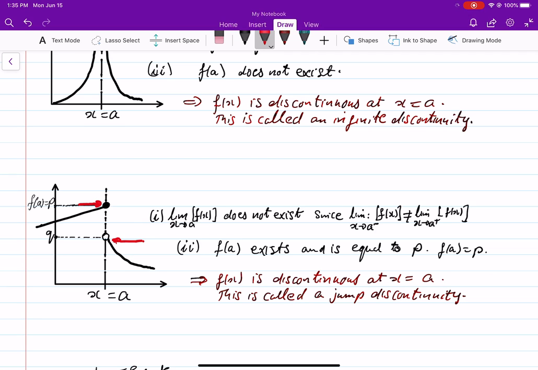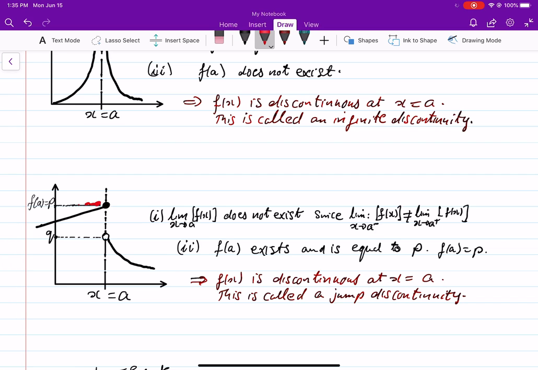f of a exists, f of a does exist. And if you notice, f of a is the value p because, do you know why? Let me give you a second to think about it. Let me get rid of these red marks. Because the only value that the function gets to when x gets to a is up here, right up there.